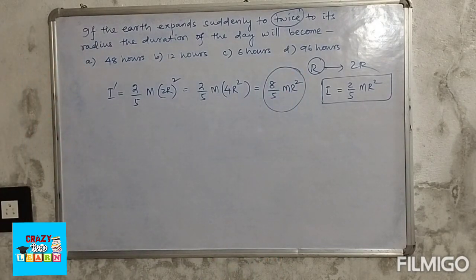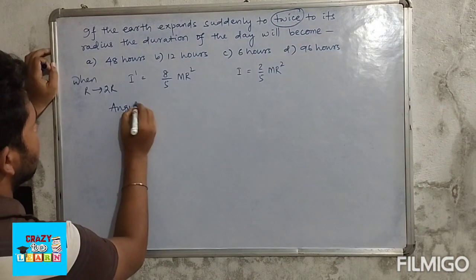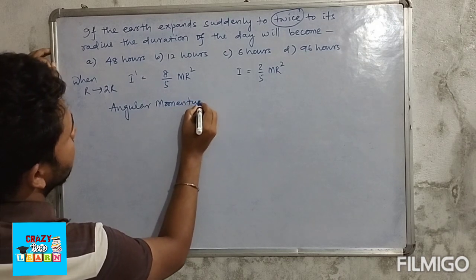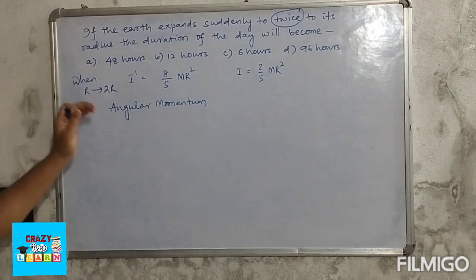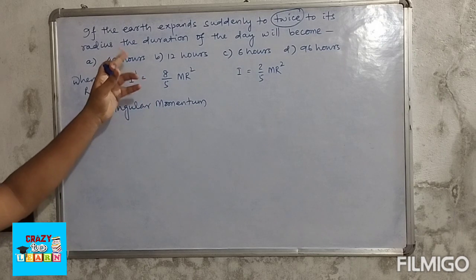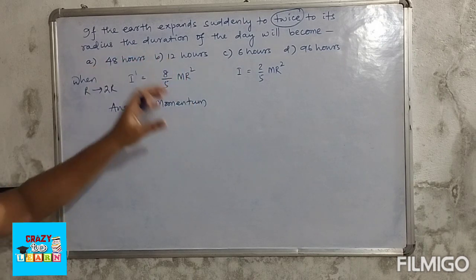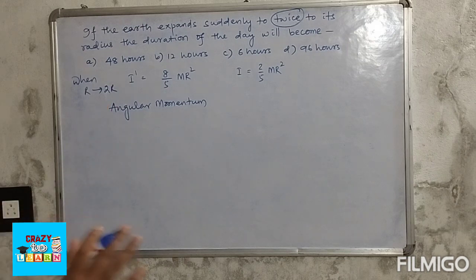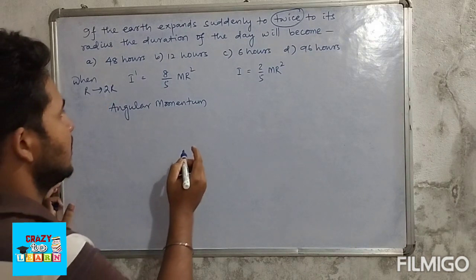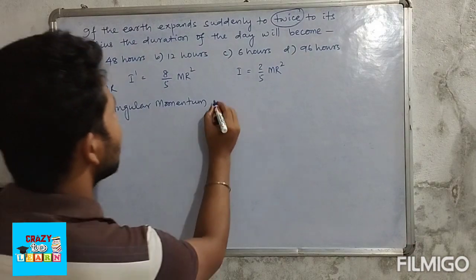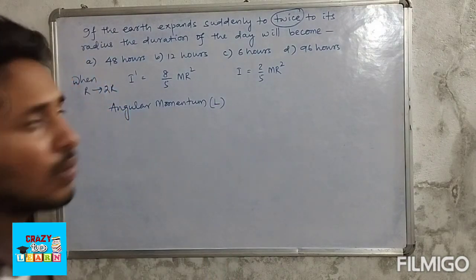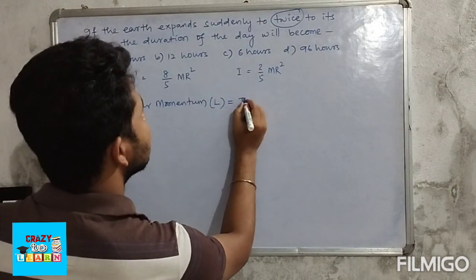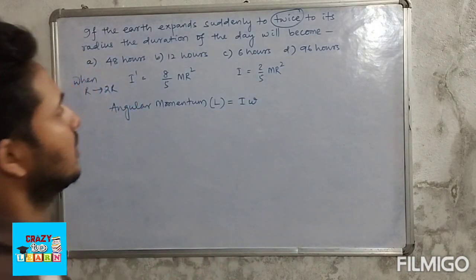Now come to the angular momentum. As it is asked, the earth expands suddenly to twice its radius, but in both cases the angular momentum is the same. So now we will calculate the angular momentum L. What is angular momentum L? The formula of angular momentum L is I omega.